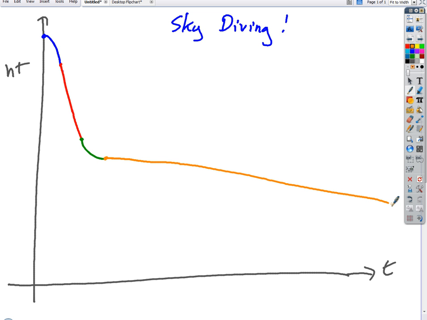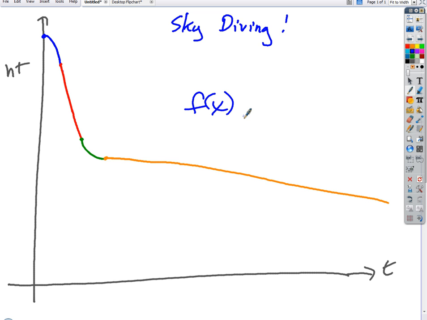So why do I bring this up? Well, it's Friday, so we've got to talk about something a little different. But look at this graph. This graph has 4 different colors, which represent 4 distinctly different behaviors. How can we deal with that in a single function? Wouldn't it be nice if we could come up with a single function where our height is f of x, where x is time, and this function predicts the height as a function of time?